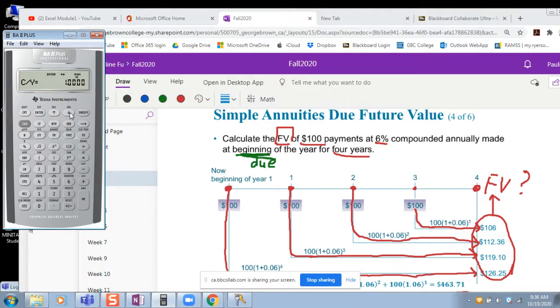So P/Y equal to 1, C/Y equal to 1. And then 4 years means 4 is the term N. 6 is I/Y, interest. 0 is PV. 100 is negative PMT. And for the last step, calculate FV.